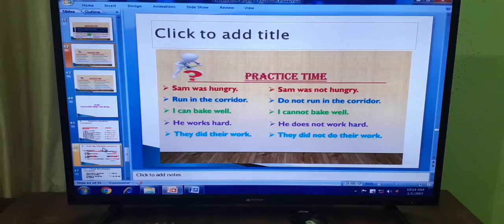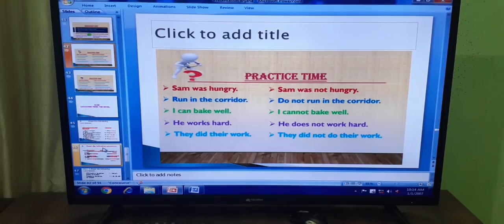What is the helping verb? Was. So in that case, we just need to add not after the helping verb and your sentence will become negative. Sam was not hungry.